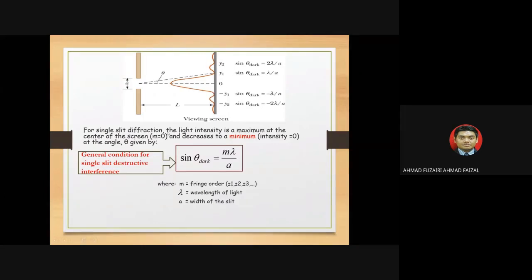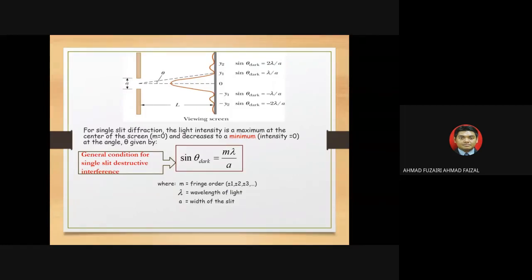For single slit diffraction, the light intensity is a maximum at the center of the screen. So this one is called 0th order maximum, and it decreases to a minimum at the angle given by the following equation. So in single slit interference pattern, this particular equation is applied to determine or to locate the position of the dark spots.